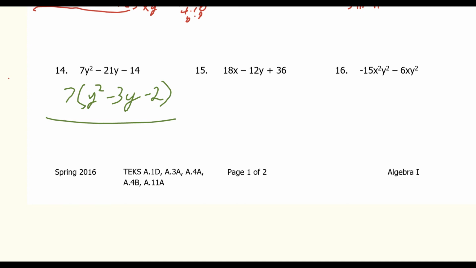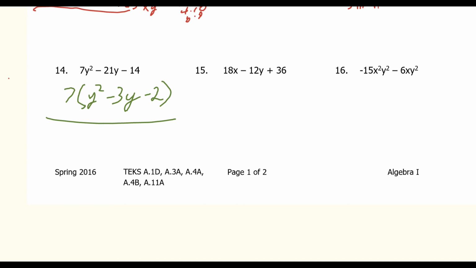Number 15. Okay. Number 15 has 18, 12, and 36. Alright, this is where knowing your math facts is going to come in handy. Knowing how to multiply your basic numbers and manipulate them in order to get what we need.